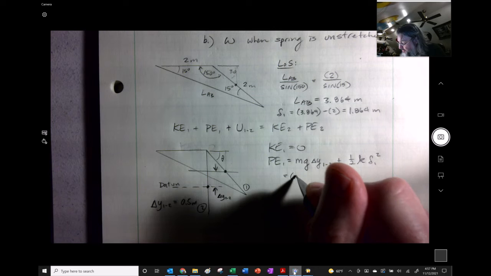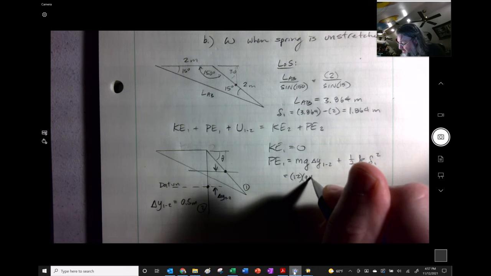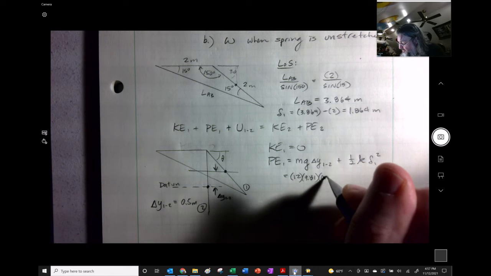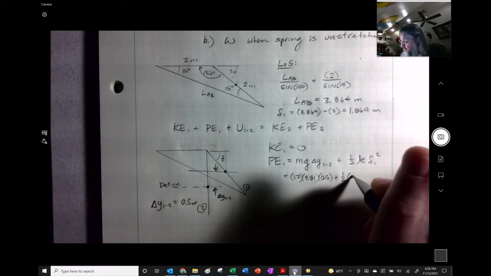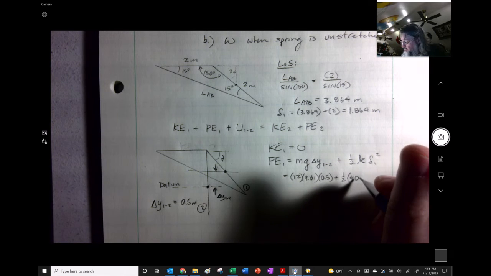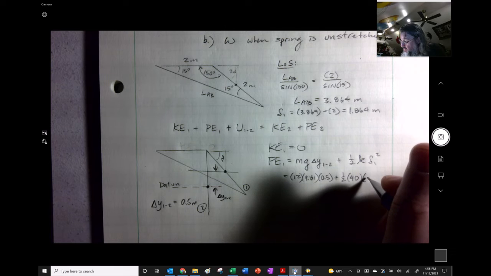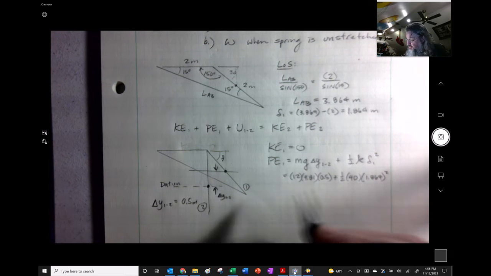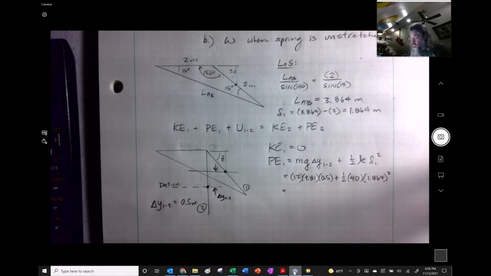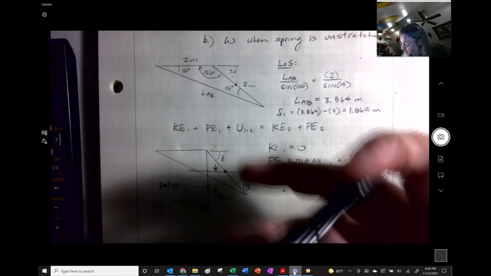That's 12 kilograms times 9.81 times 0.5 plus 1/2 40 times 1.864 squared. That E is terrible. I'm going to fix that.